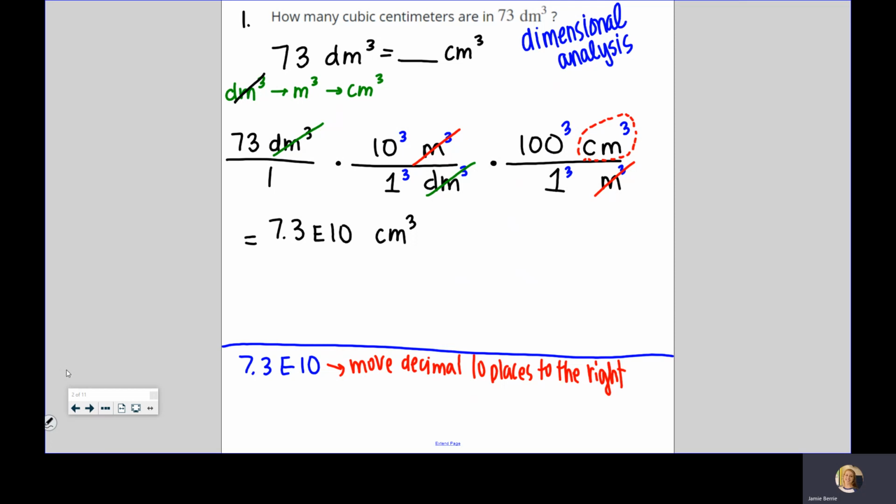So let's take 7.3, and let's move the decimal over 10 times. That's going to be 73, and then 9 zeros. 1, 2, 3, 4, 5, 6, 7, 8, 9. Now I'm going to go back and erase all this and add in my commas.